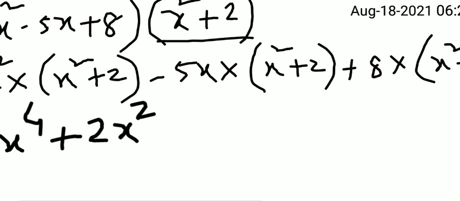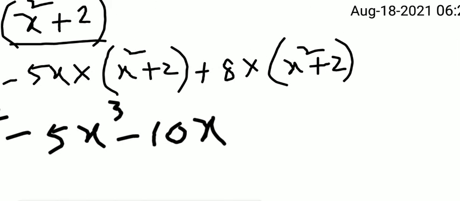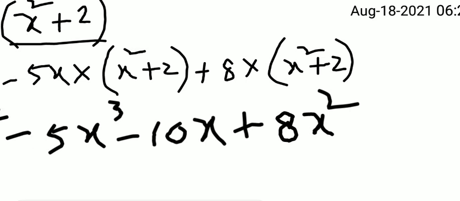Then minus 5x multiplied with x square will be minus 5x cube. Then minus 5x multiplied with plus 2 will be minus 10x. Then plus 8 multiplied with x square will be plus 8x square, and plus 8 multiplied with 2 will be plus 16.